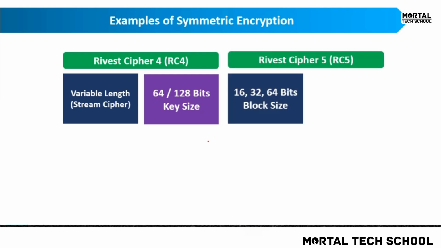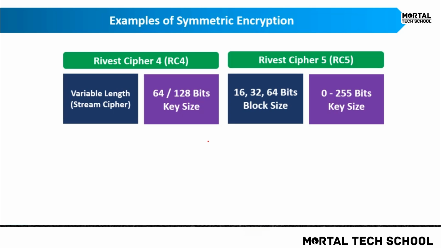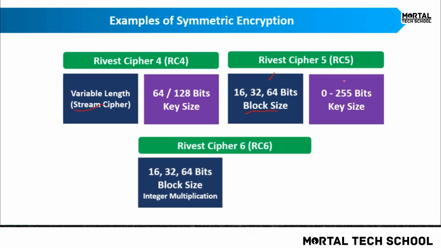Similarly, RC5 has different block sizes. RC5 works on blocks, but RC4 is a stream cipher. And the key again is variable; it can be 0 to 255 bits. And finally, RC6 has 16, 32, or 64 bits of block size.